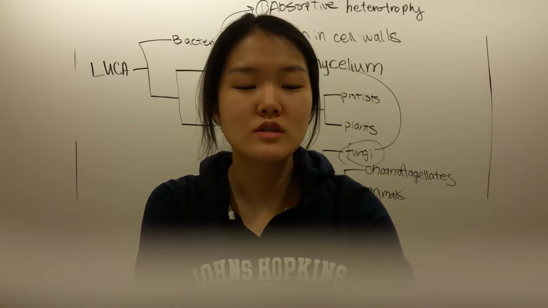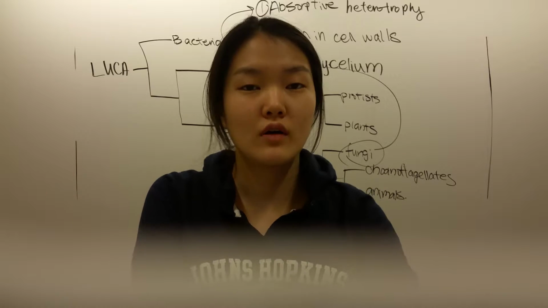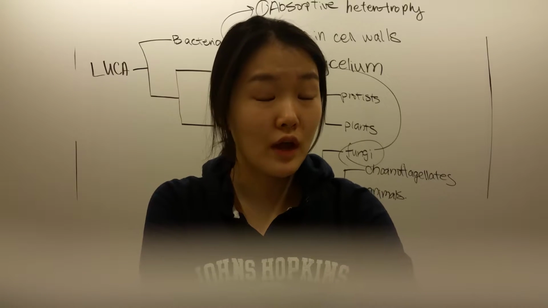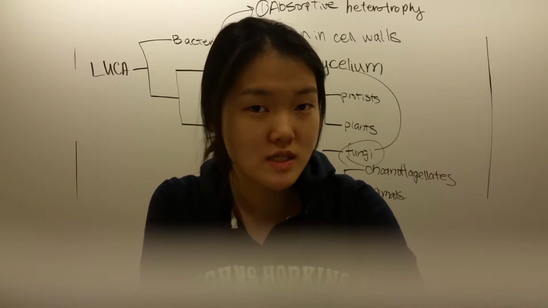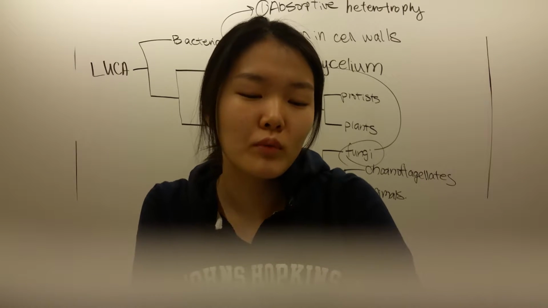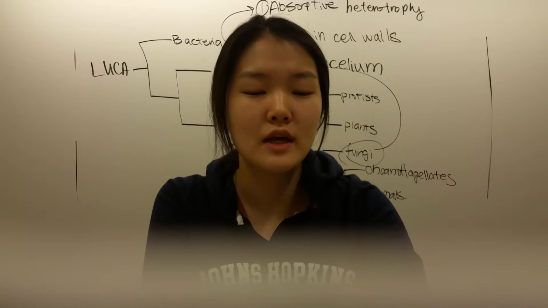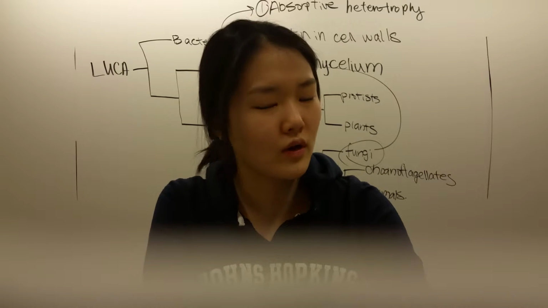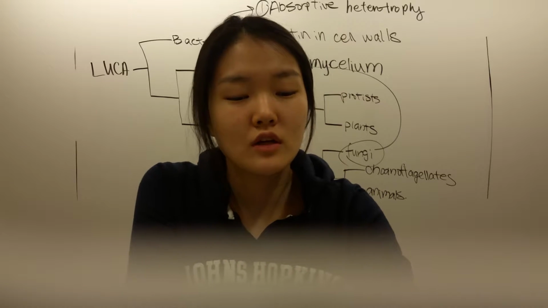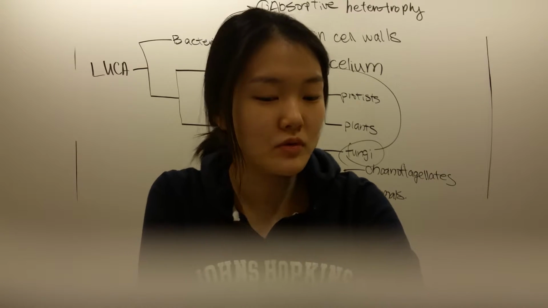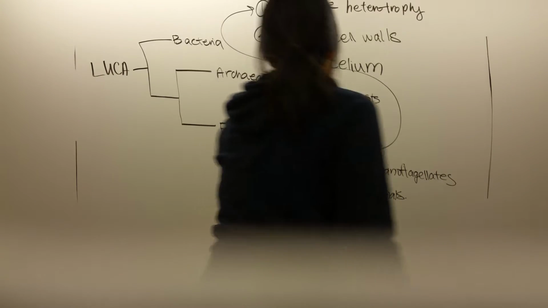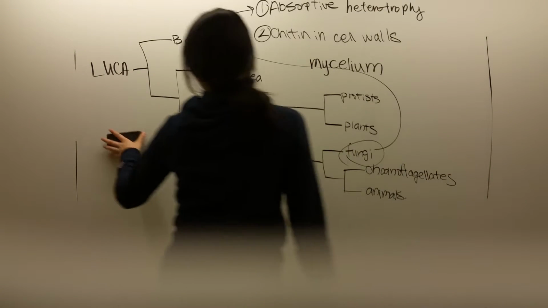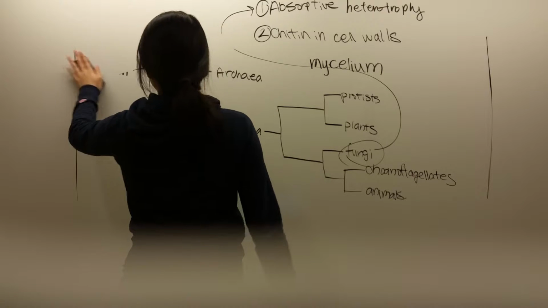So, how do fungi get their nutrients? Fungi differ in regards to where they absorb their nutrients. Of course, it's absorptive heterotrophy, but there are certain ways that you can do that. Some absorb nutrients from dead organic matter and others from living organisms. So we'll consider 4 different examples. I'll get rid of this tree because we already know we're talking about fungi.